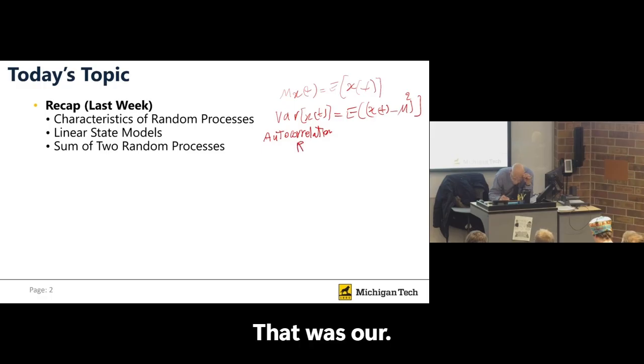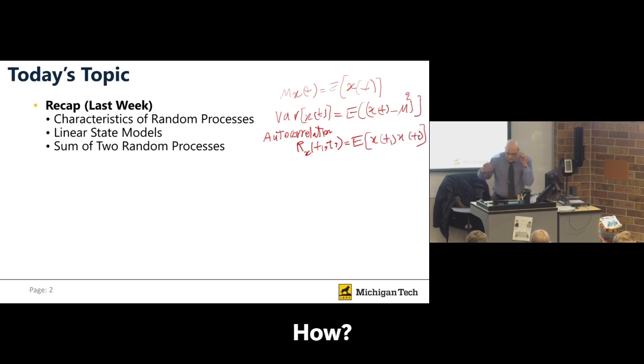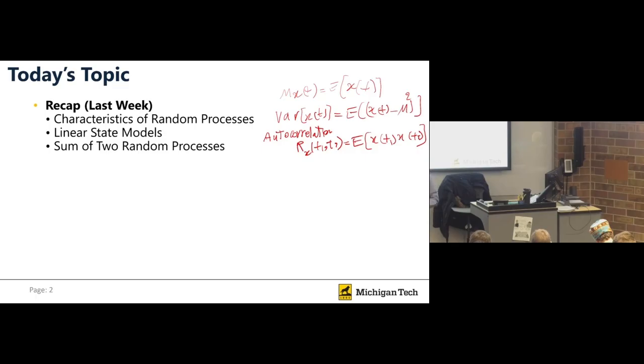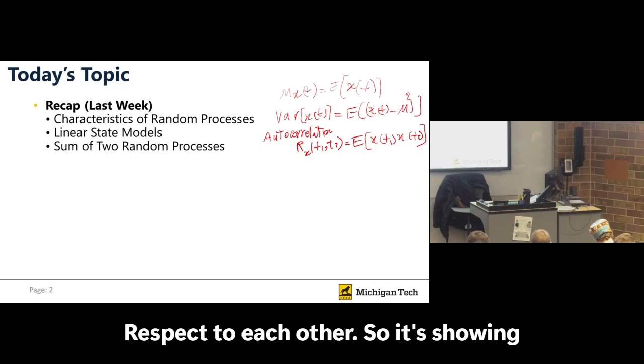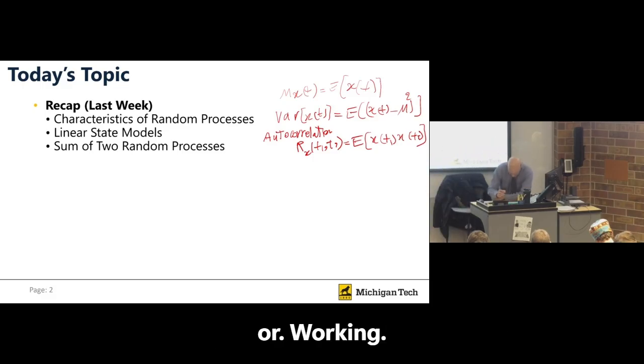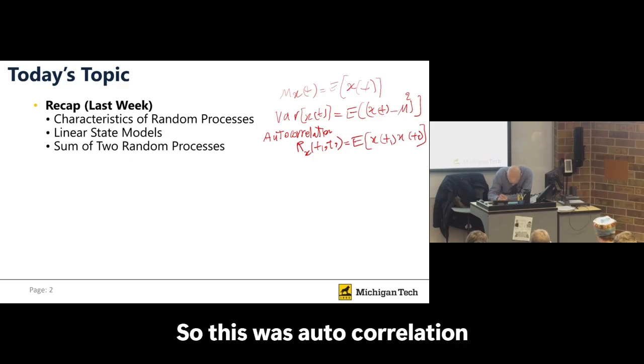That was R X, T1, T2, for example, which is expected value of X T1 times X T2. It shows how one signal in different times varies with respect to each other. So it's showing how this signal is acting or working. So this was autocorrelation.